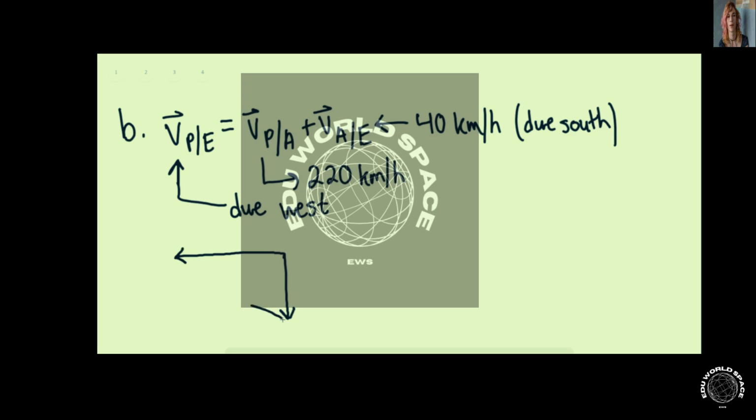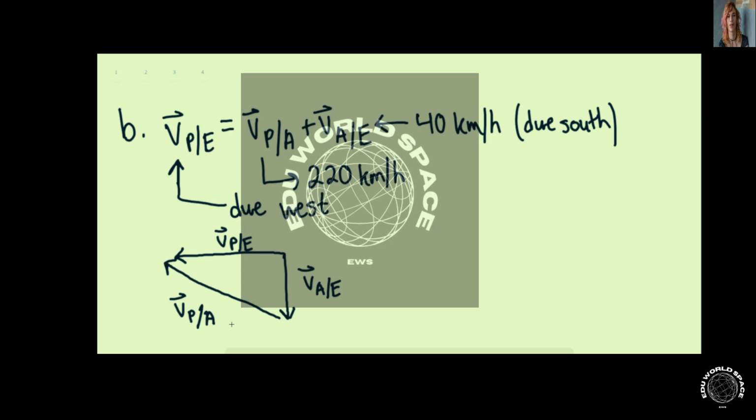This is not to scale, but it will help us evaluate. This right here would be the velocity of the air relative to the Earth, due south. Due west would be the velocity of the plane relative to the Earth. And the velocity of the plane relative to the air would be at an angle.